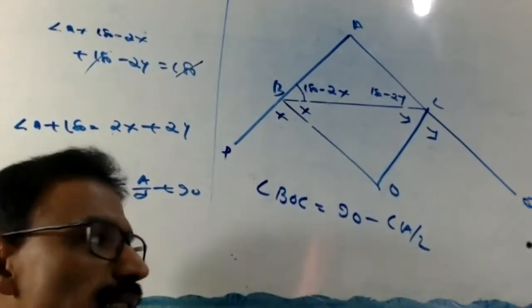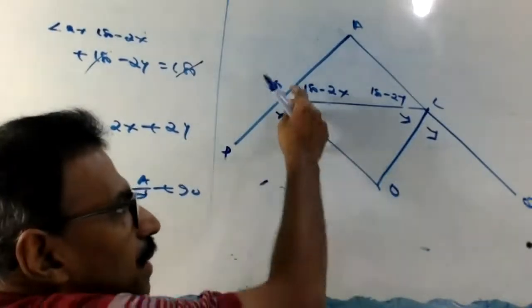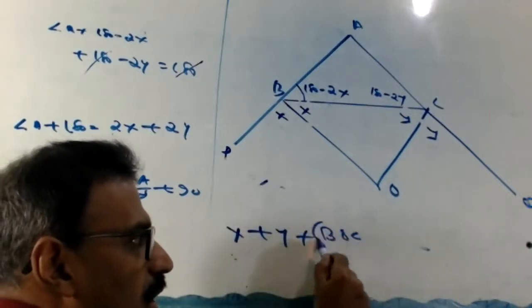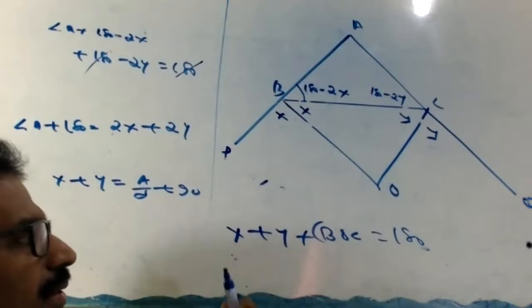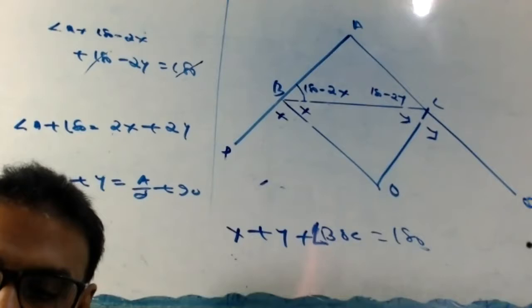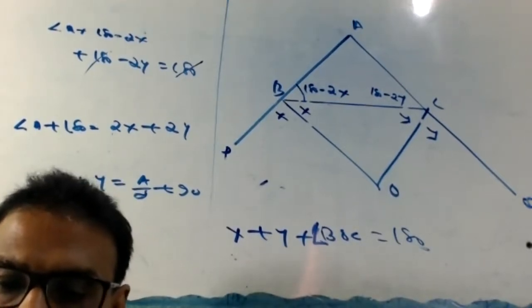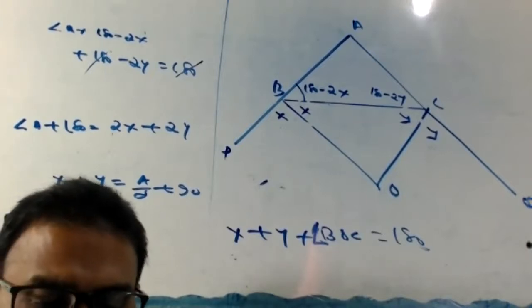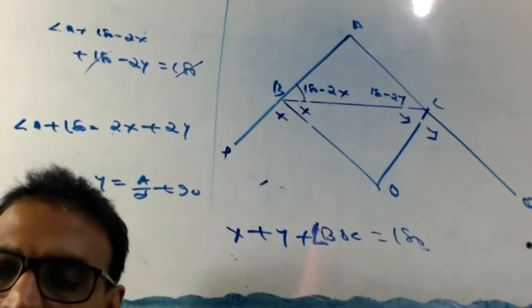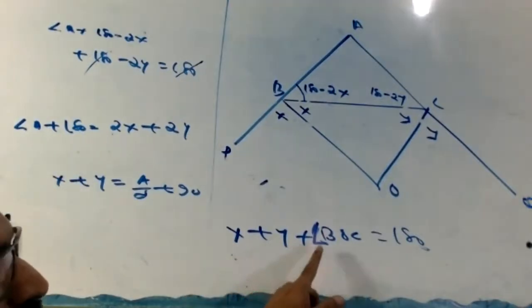Okay, now look at the last line. In triangle BOC, x plus y plus angle BOC, how much? 180, right? X plus y plus angle BOC equal to 180.